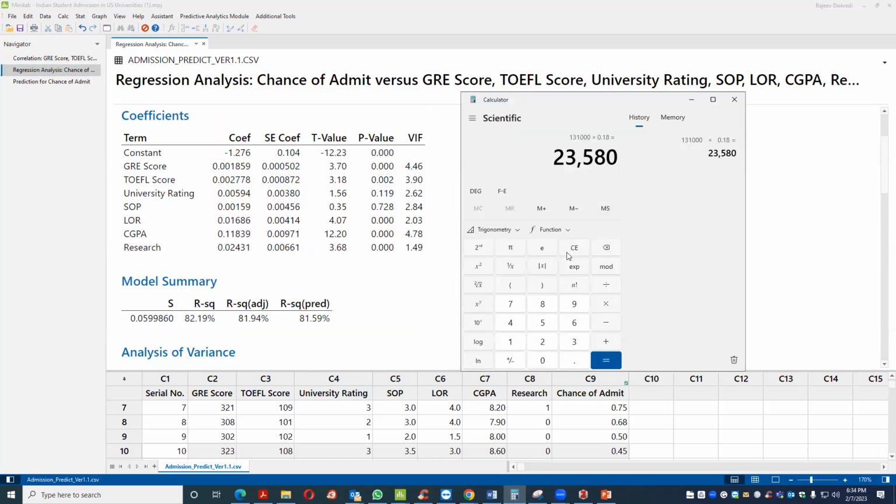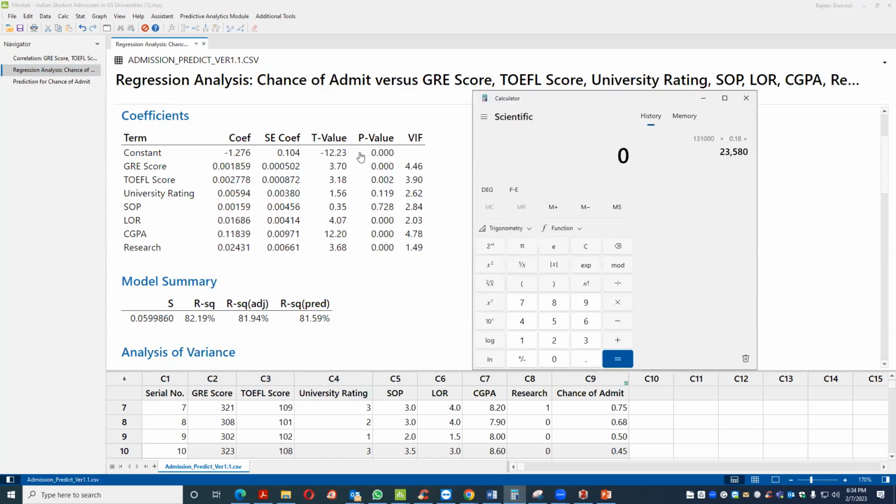Here you see 3.7 divided, okay, multiplied with 0.000502. So this multiplied with this, you get this number.